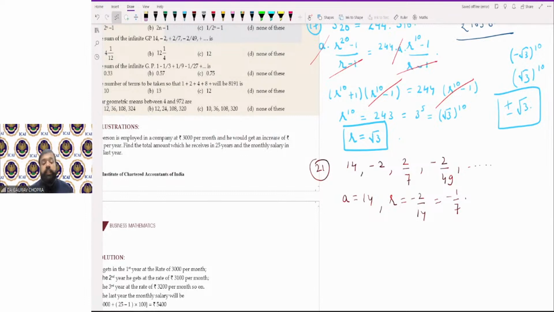Now the next thing is you have to apply the formula. S infinite is equal to A upon 1 minus R. So 14 upon 1 minus 1 by 7. So what are you getting? Let me know the answer.